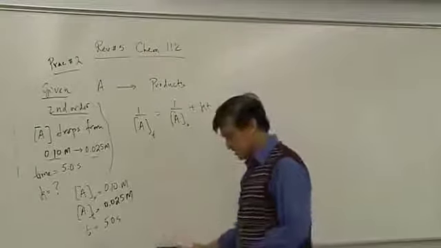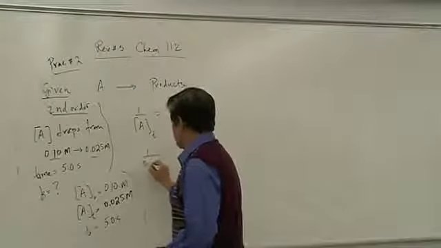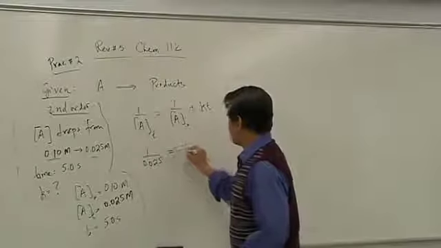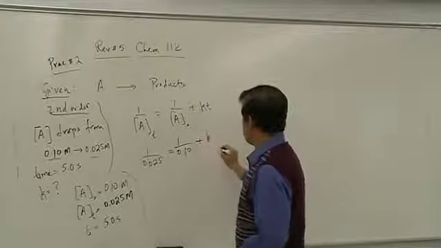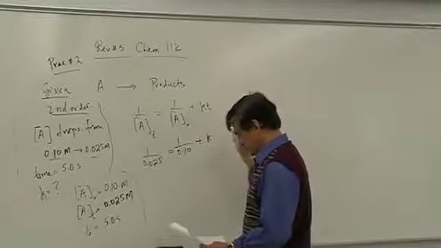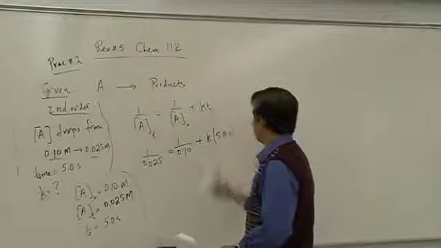Now let's plug in all these numbers that are given. So 1 over 0.025 equals 1 over initial value 0.10 plus K, that's what we need to find out, times 5.0 seconds.